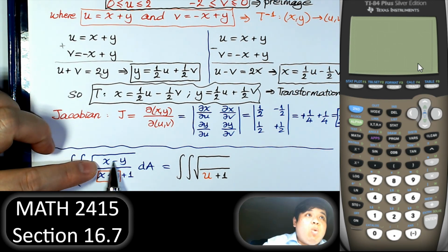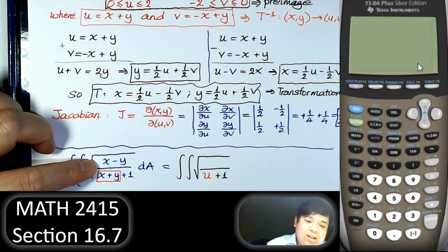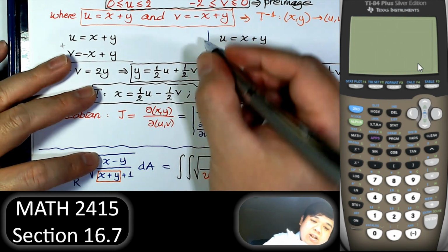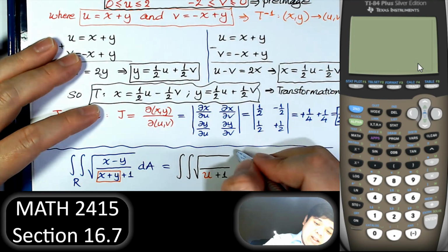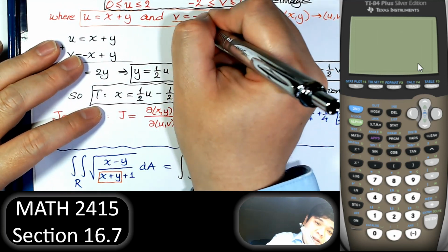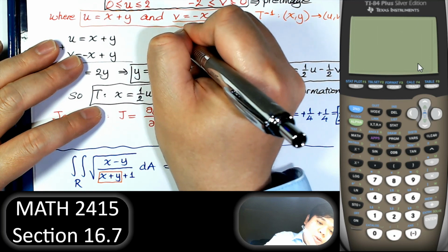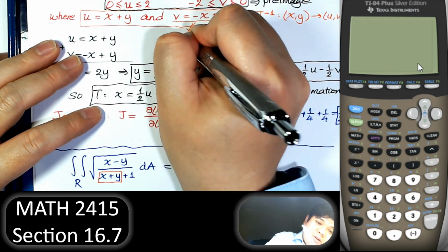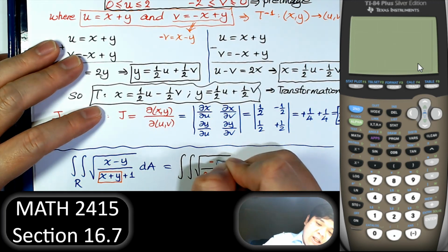And then x minus y. What's that? Well, v is minus x plus y, or negative v is equal to x minus y. So this is equal to negative v.